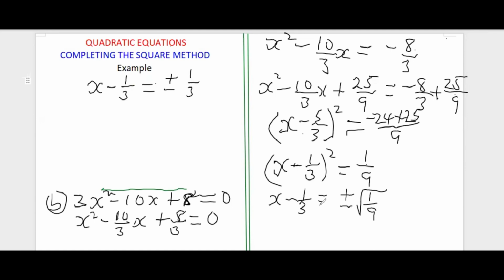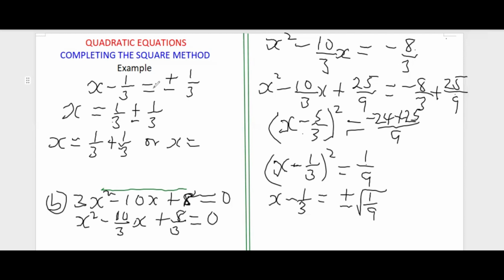So we can now take this negative 5 over 3 to the right, so that we have x equals 5 over 3 plus or minus 1 over 3.